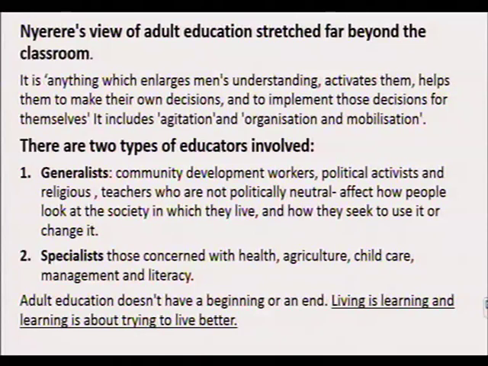Then he also said that there were the specialists. Those were the educationalists who were concerned with health, agriculture, childcare management, as well as literacy. For him, adult education did not have a beginning or an end. Living is learning, and learning is about trying to live better.